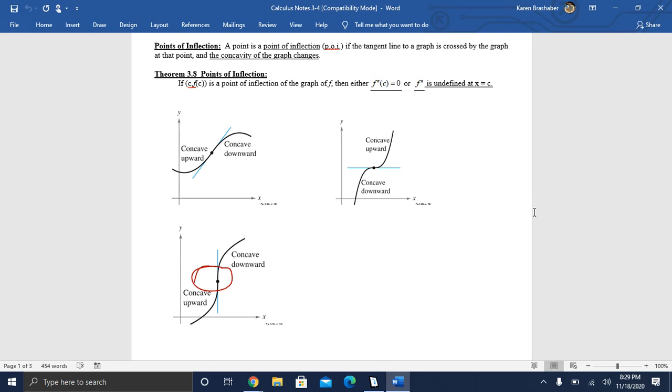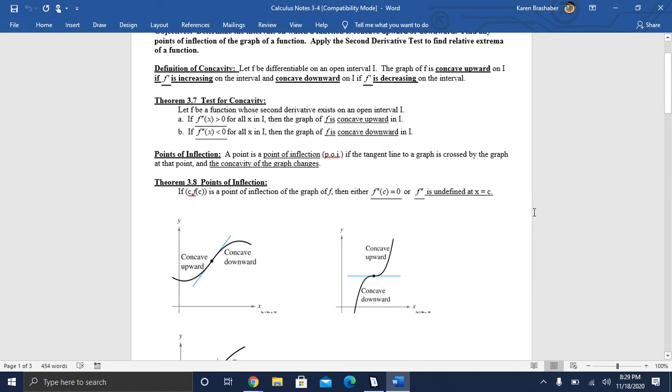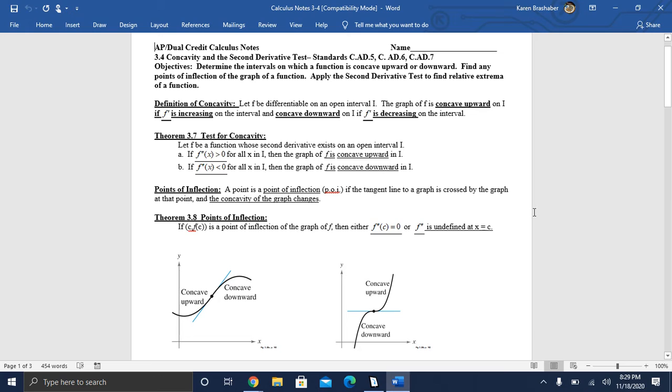So to determine the concavity of a graph through analyzing it, we will look at the second derivative. And so the test for concavity is as follows: make sure you realize this is f double prime. If your second derivative is positive, greater than 0, then your original function f is concave up.